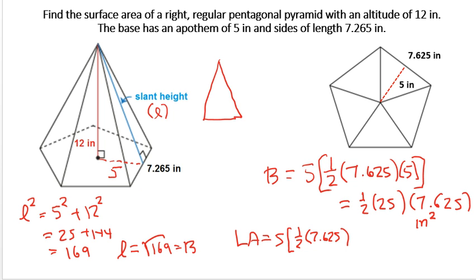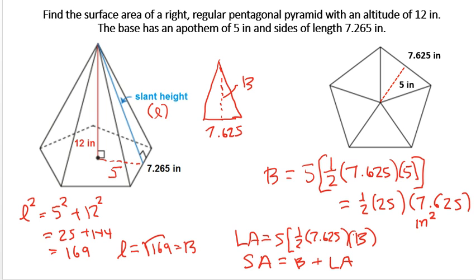These are the lateral faces. 7.625 is the base, and the height, which is the slant height of each of these triangles, is 13. So 5 triangles times the area of each lateral triangle, 1/2 times 7.625 times 13. Find the base area, find the lateral area. The surface area is just the area of the base plus the lateral surface area.